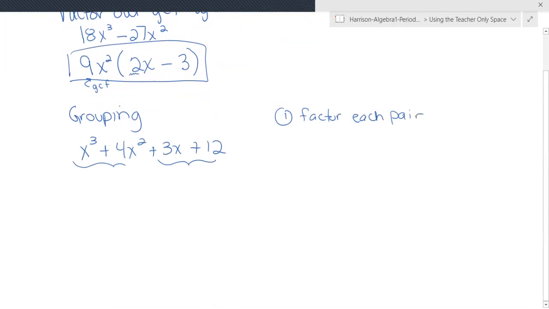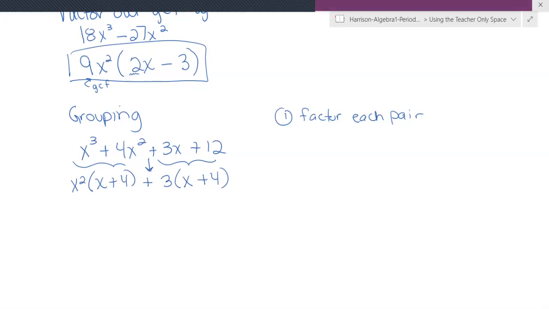So if I factor out the GCF here, that would be x squared, and that would give us x plus 4. Bring down this middle sign, which is a plus, and then from the second pair, I can factor out a 3, and that leaves x plus 4.